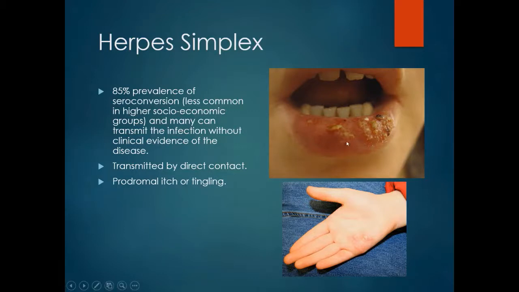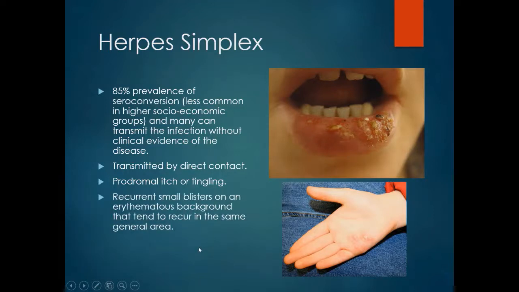Before getting something like cold sores, there may be a prodrome of itching and tingling, and both herpes simplex 1 and 2 is characterized by recurrent small blisters on an erythematous background that tend to recur in the same general region. The blisters form, there's 5 to 7 days of crusting, and then the area heals.